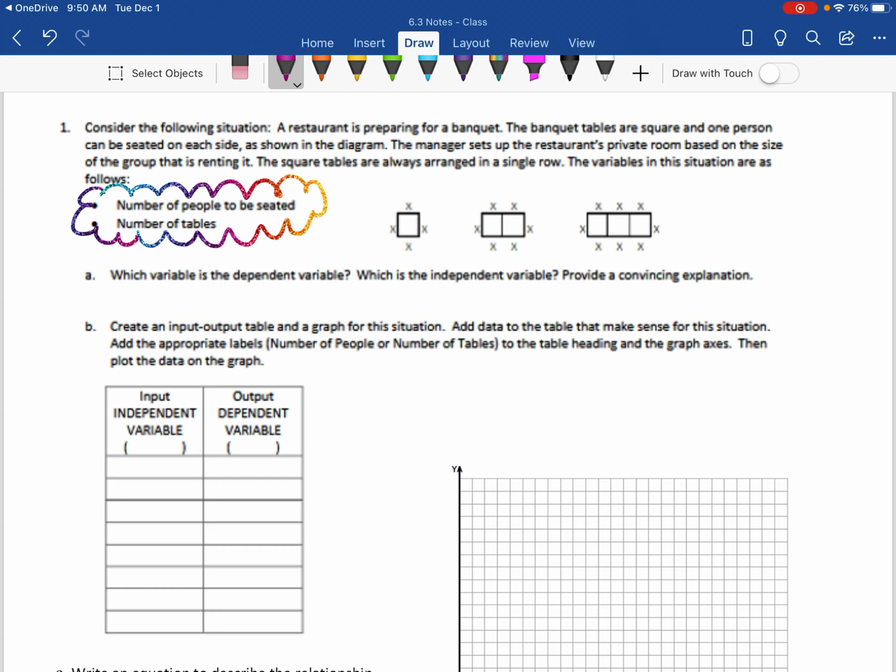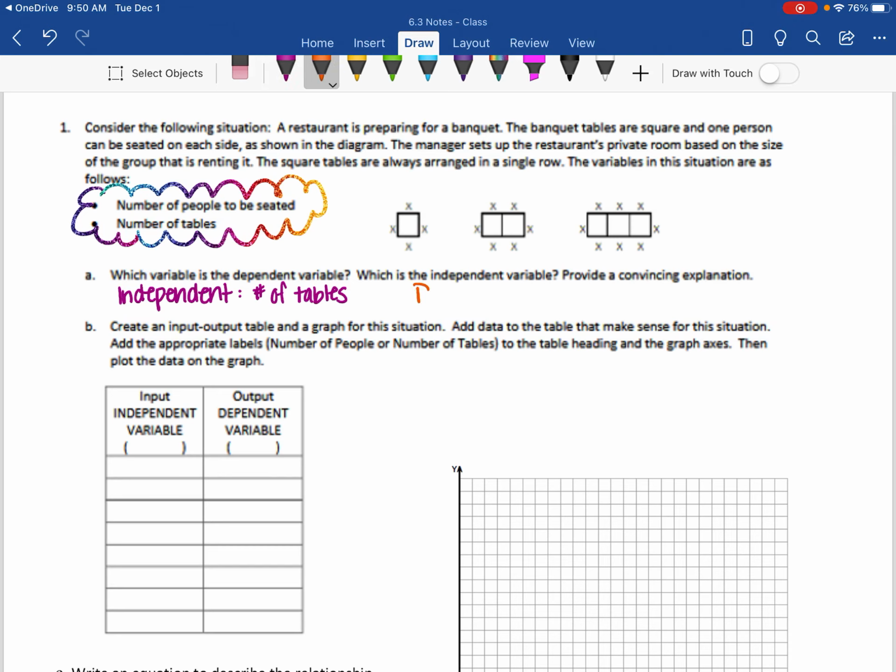So the independent variable, and we've done table and people situations before, so you probably already know the answer to this, but the independent variable is going to be the number of tables, because that determines how many people can be seated.